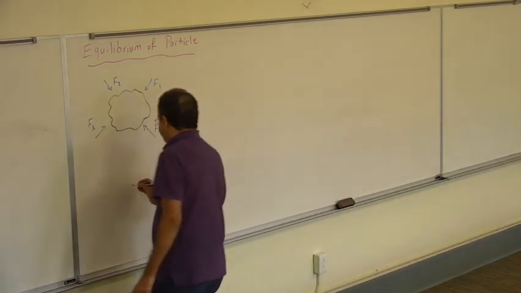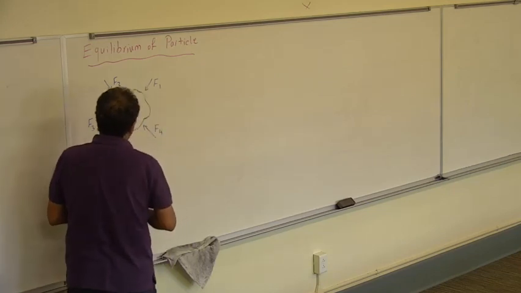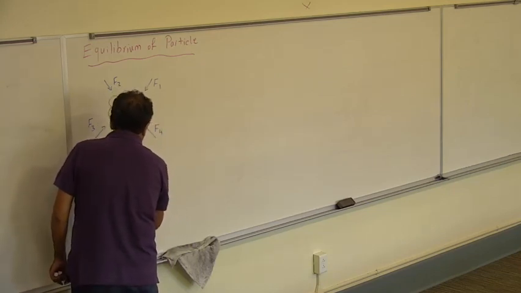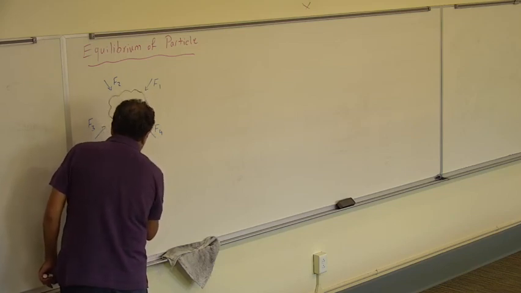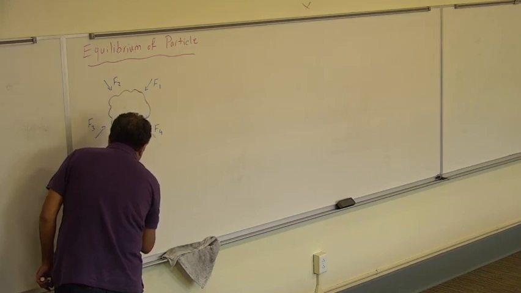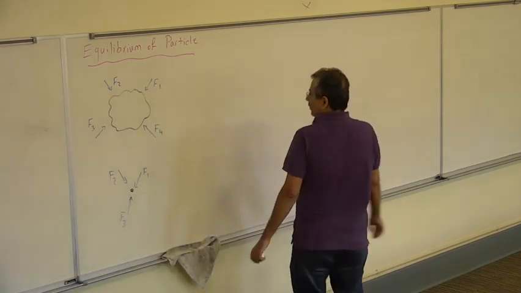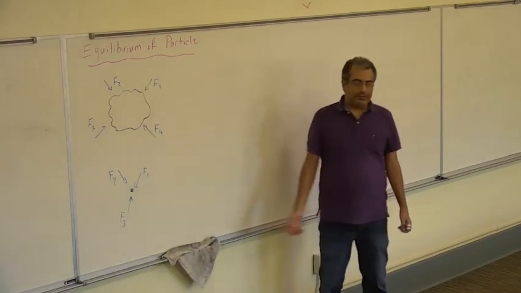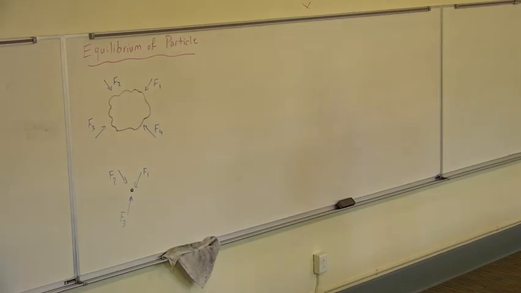If I have a particle like this, and then I have forces applied again: F1, F2, F3. What's the condition for either of these two to be in equilibrium?